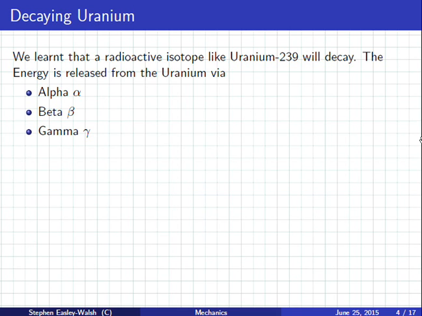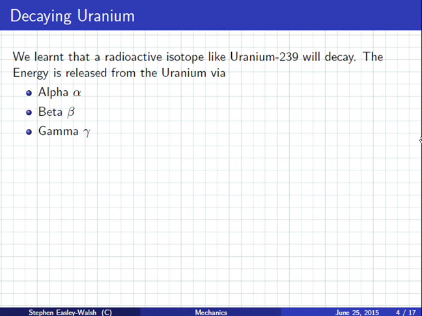Something strange happens with beta as well. Is one electron and something else happens. Do you remember? Something strange with the proton and the neutron. That's it, yeah.